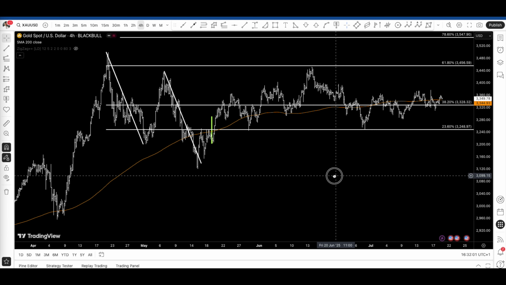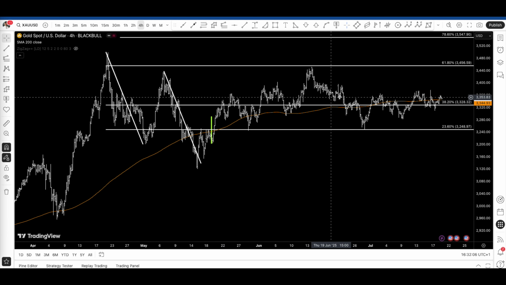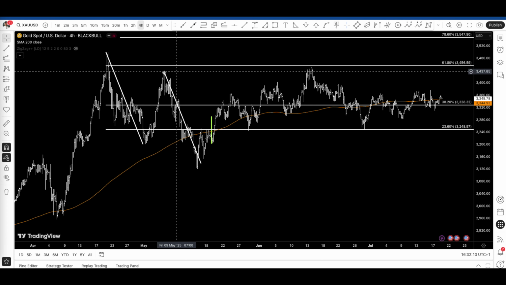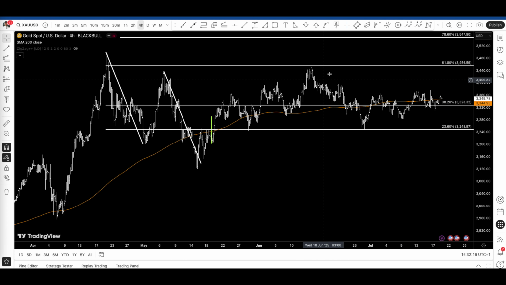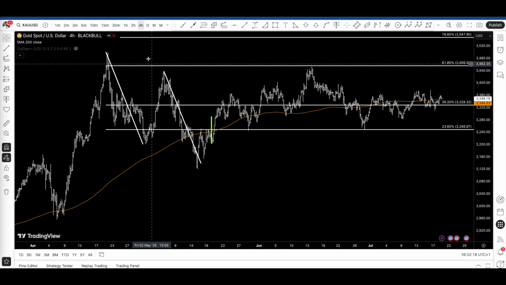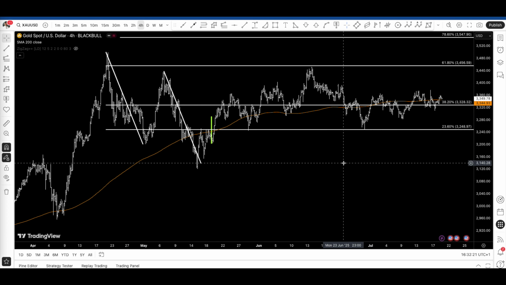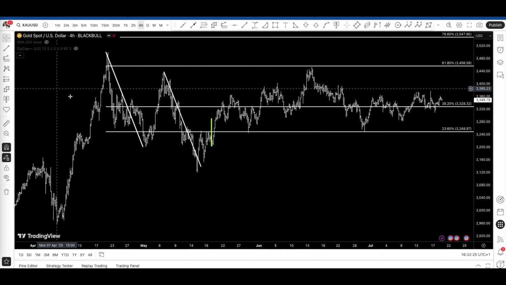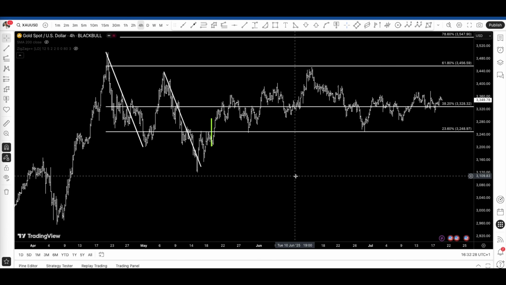The 38.2 is not respecting this line very much, and at the 61.8 we can see that we have resistance, and then we have the all-time high as well. So the 200 moving average indicates that the bulls are still in control of the market, but it really doesn't matter because we can leverage from shorts and longs as well.